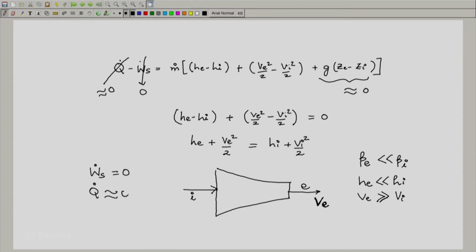Q dot is 0. We have also said delta PE is nearly 0. So, we realize that as far as the HS diagram goes, it would be the same as that of a turbine, because there is a significant drop in h, which instead of the work output has resulted in an increase in the velocity.